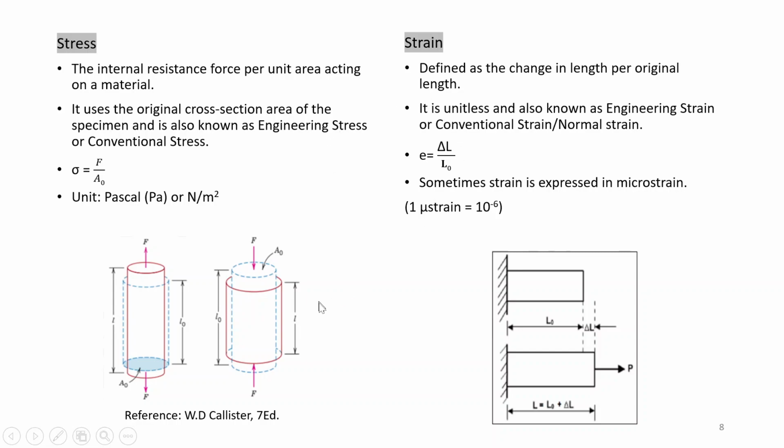Strain is defined as the change in length per original length, and it is unitless and also known as engineering strain or conventional strain. So strain is delta L upon L naught, where L naught is the original length. Sometimes strain is expressed in microstrain, where 1 microstrain is 10 to the power minus 6.